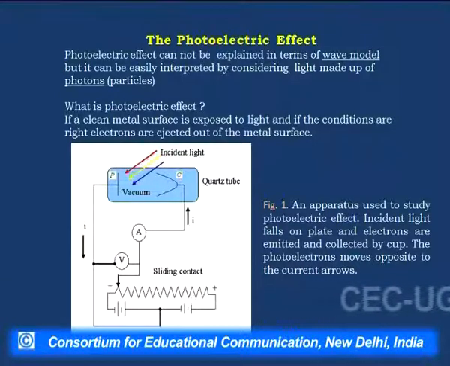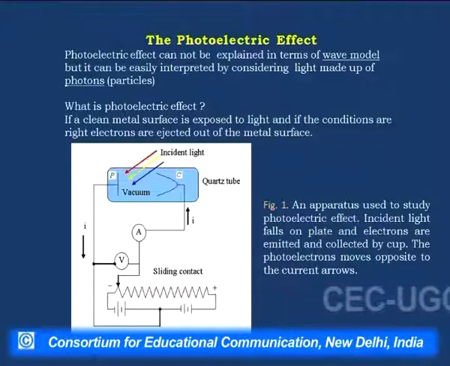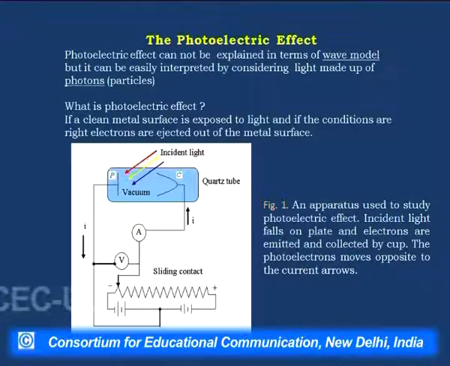We can detect the current in the ammeter, and if we move this contact towards the negative end, the cup becomes negative with respect to the plate, and it will repel the electrons, and then these electrons will not complete the circuit and the current stops.